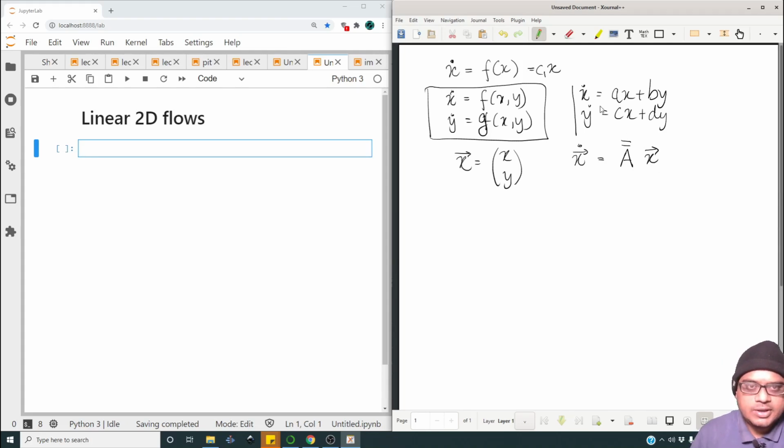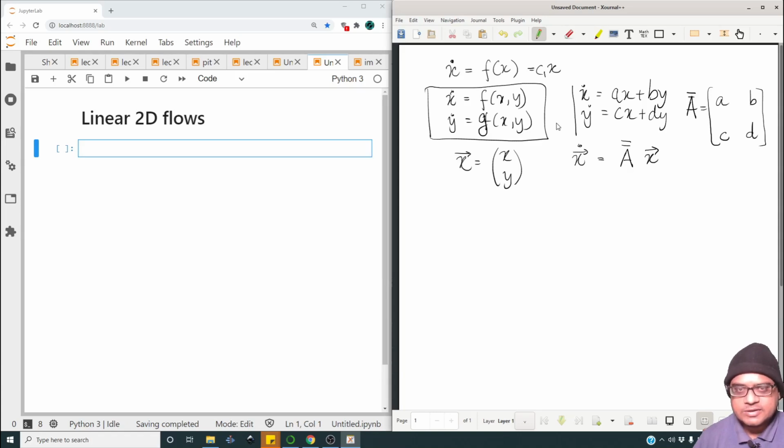In this particular case, the A matrix will be A, B, C, D. Whenever there are matrices involved, we can bet that the eigenvalues and eigenvectors have something to do with how this dual system of equations fundamentally behaves.